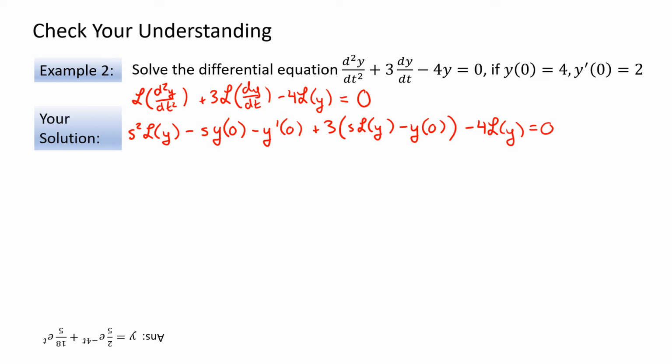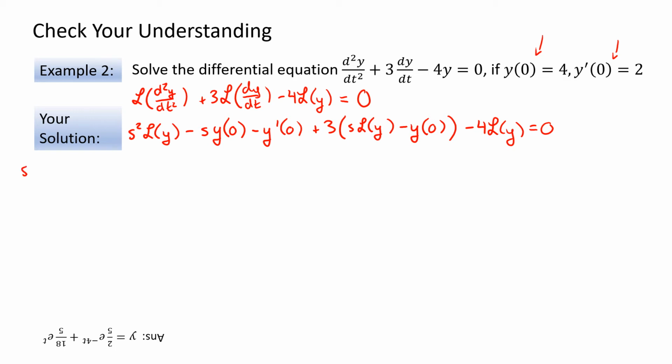Okay, so long equation, we'll simplify it and make it a little bit less hectic now. So we can substitute in y at 0 is 4 and y prime at 0 is 2.